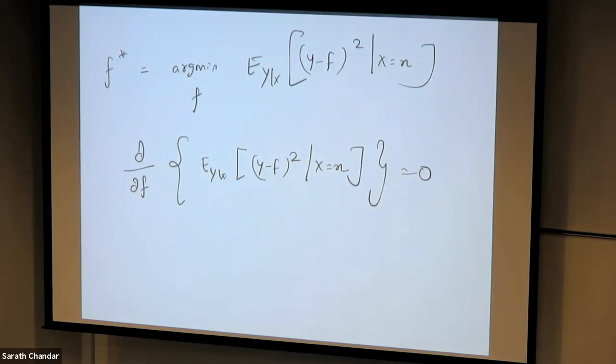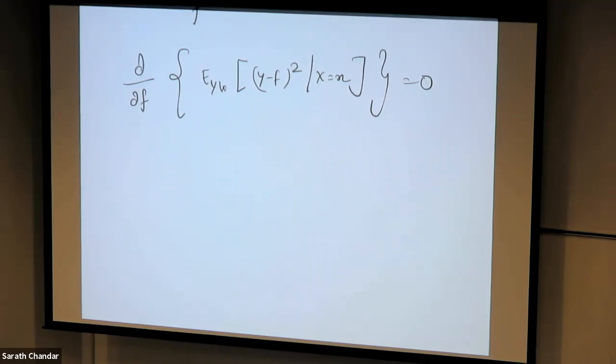Now this term here is a minus b the whole square, so I can expand it. This becomes dou by dou f of the expected value of y given x of y square given x is equal to x, plus f square.